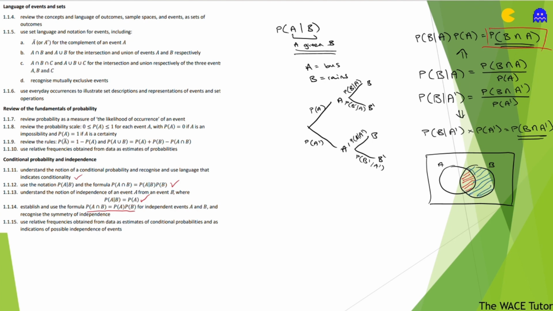So summing this blue section with my red section, I get the probability of B occurring. And so I can derive my probability of B from a tree diagram by summing the multiplication of these arms. That is equal to my probability of B.